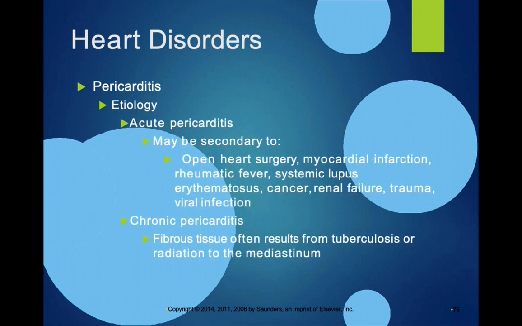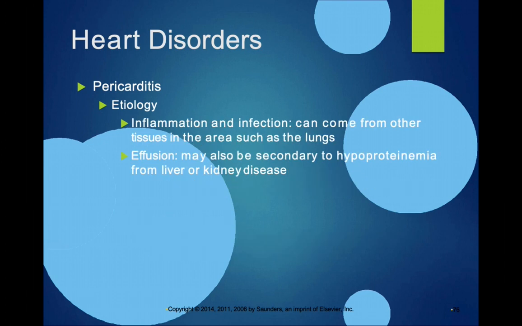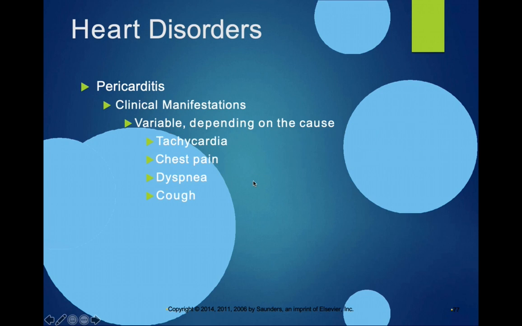The mediastinum is the space deep to the sternum, but anterior to the spine and between both lungs. Inflammation and infection can come from other tissues in the area, such as the lungs.